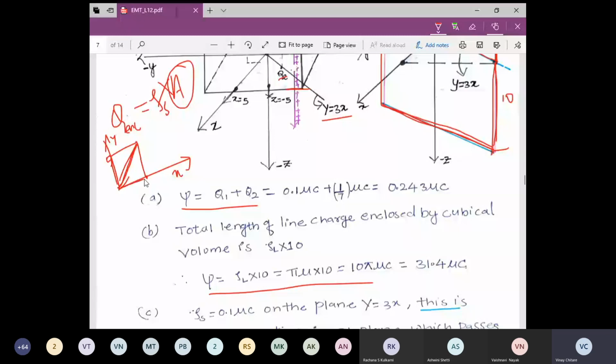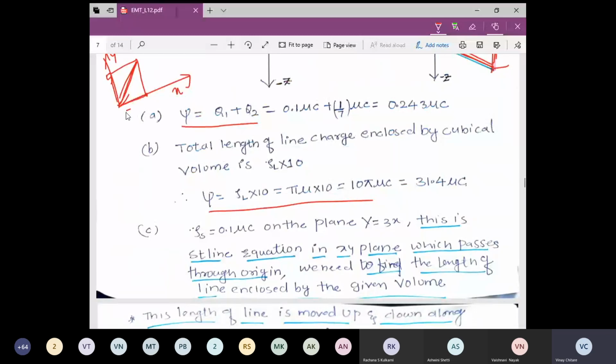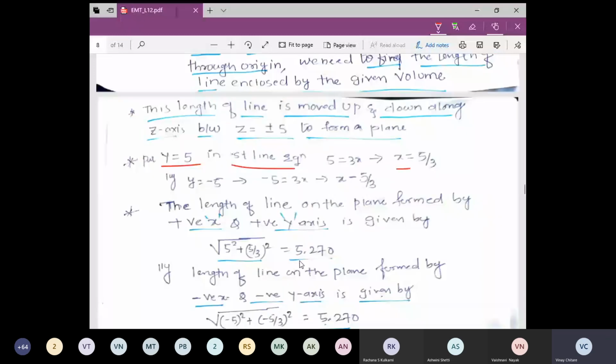This length is 5, and you could see the corresponding x is 5 by 3. If this is 5, this is also 5, and you have a right angle triangle. You can apply the Pythagoras theorem to find this line, which leads to 5.270.